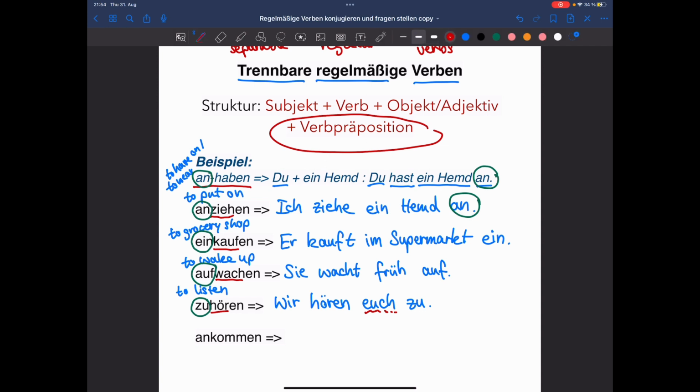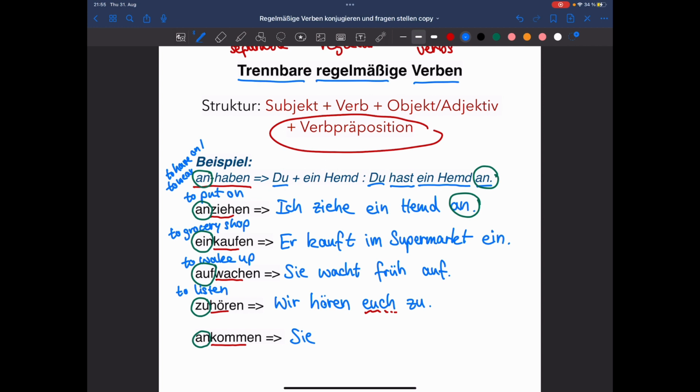Okay, now the next verb, ankommen. We already know kommen, which is to come, and ankommen means to arrive, so to come to a place finally, basically. The verb preposition is an. The verb stem is komm. And let's make a sentence.